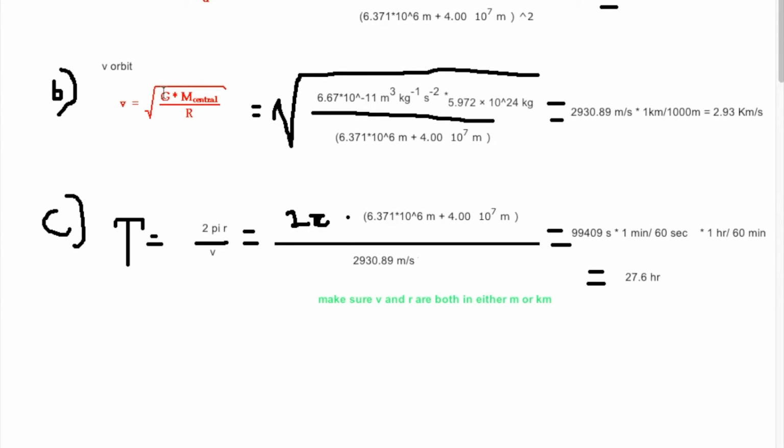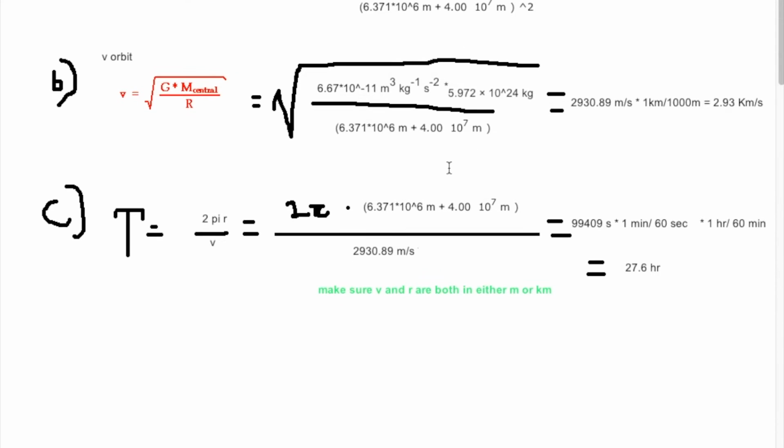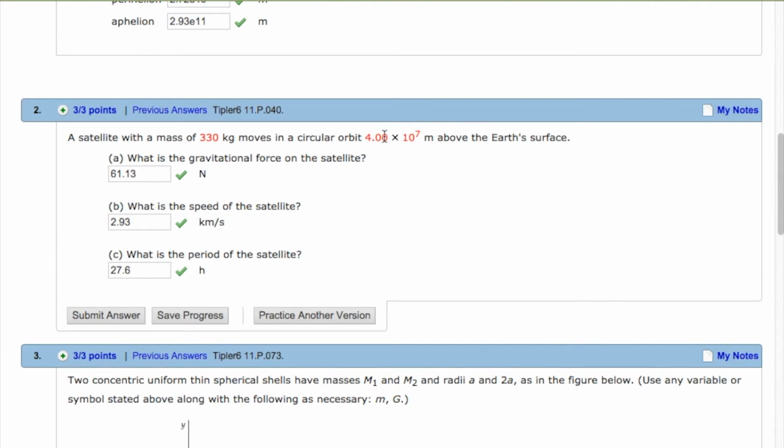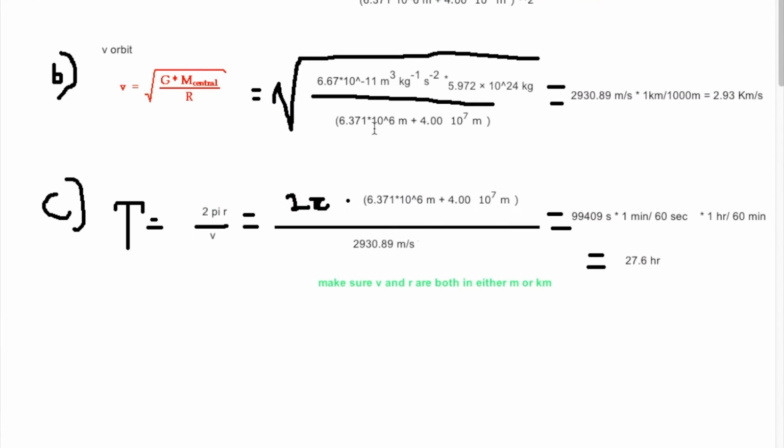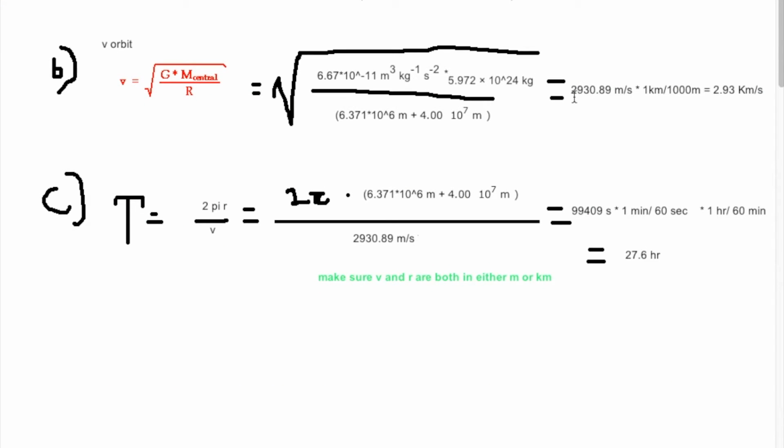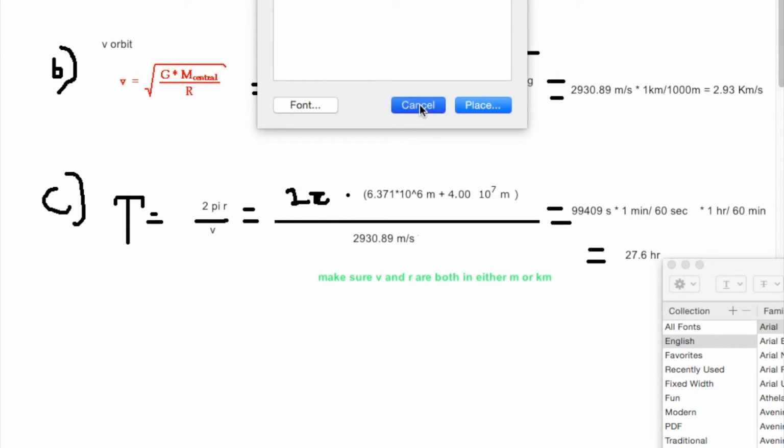So v equals the square root of G times M, which is the central mass, as in what it's rotating around, over radius. We know G, we know M because we looked it up, and we know r. It's what they give us plus the radius of the Earth.